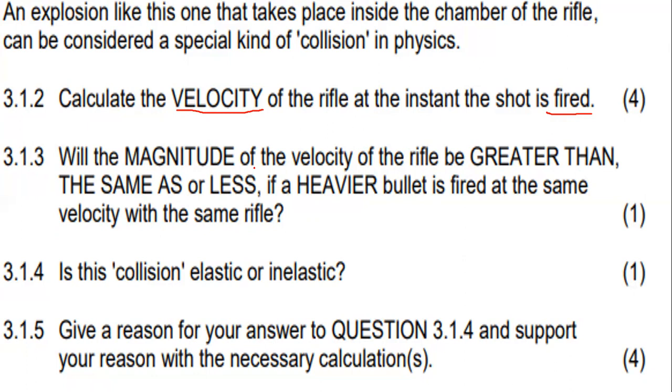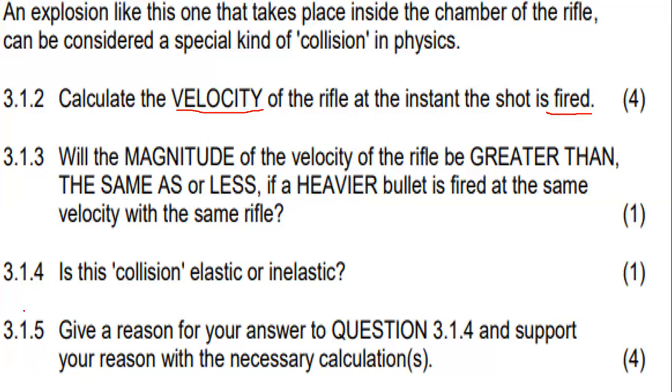So the total kinetic energy before the collision, or before the firing, was 0 joules. But after the collision, or rather after the firing, the bullet had a particular kinetic energy and the rifle also had a particular kinetic energy, which is not 0. And therefore, the total kinetic energy before the collision, before the firing, is not equal to the total kinetic energy after the collision.